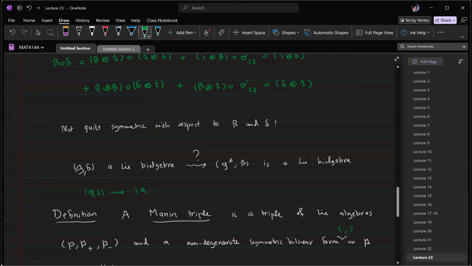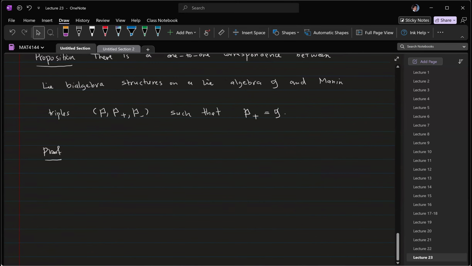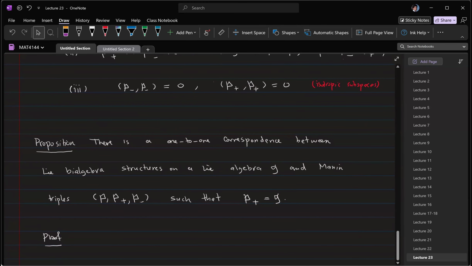So it will be basically G plus G star, and the reason for P minus being G star is that this bilinear form is non-degenerate.